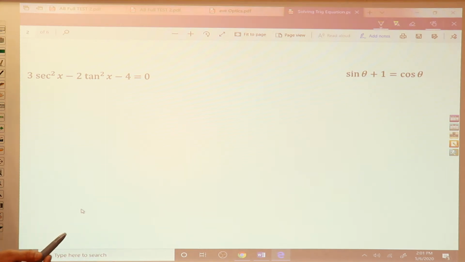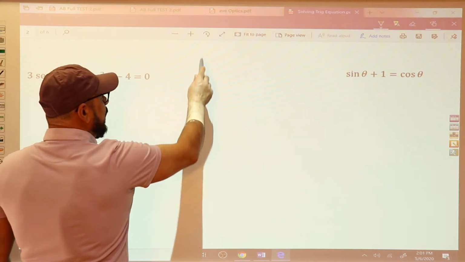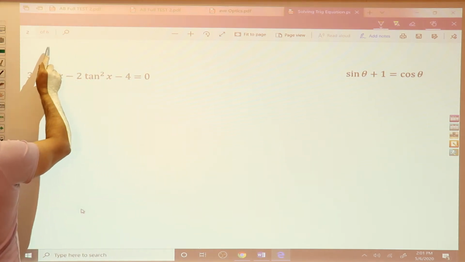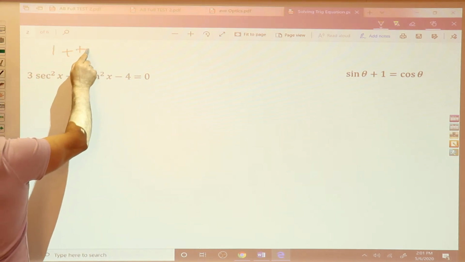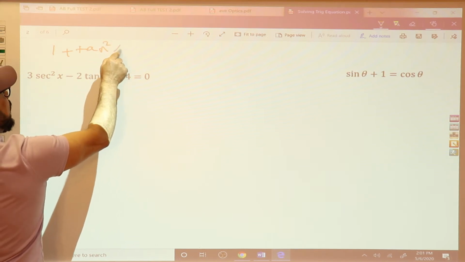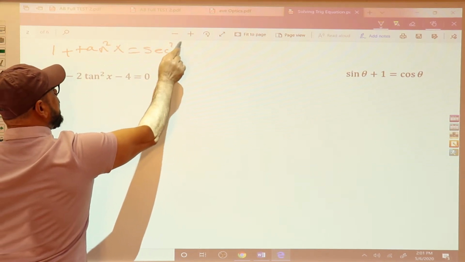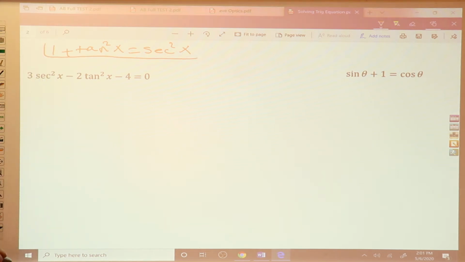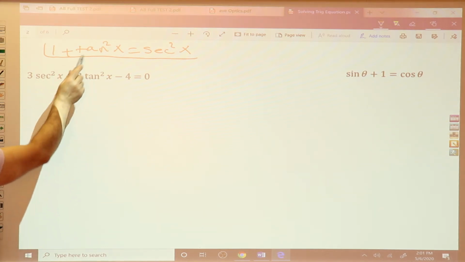Remember one of the formulas I gave you before. I'm going to write it here. If you remember, 1 plus tan square x equals secant square x, one of the identities we took. You remember this formula now? Yes. Then either you get rid of the secant or the tan. I will get rid of the secant.